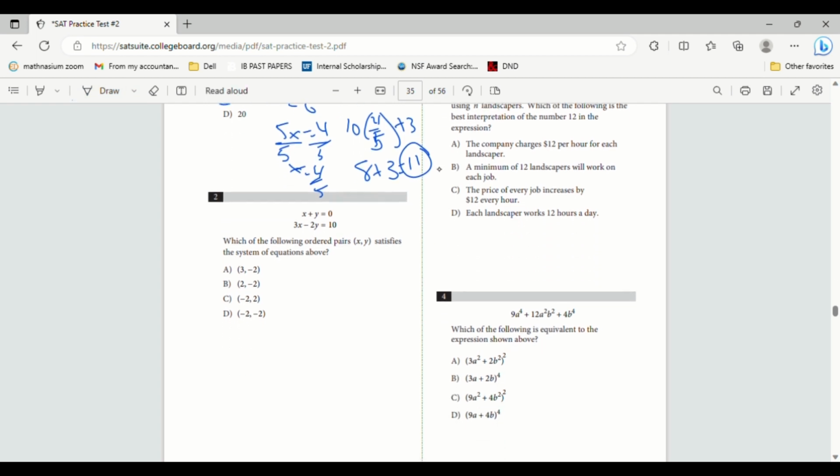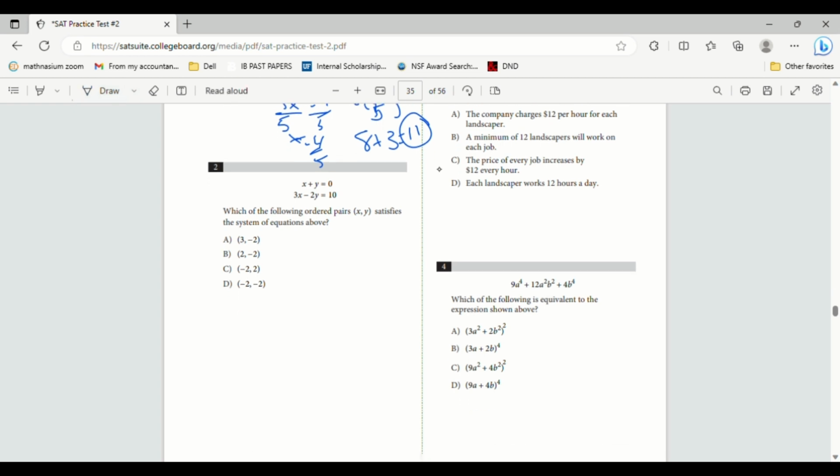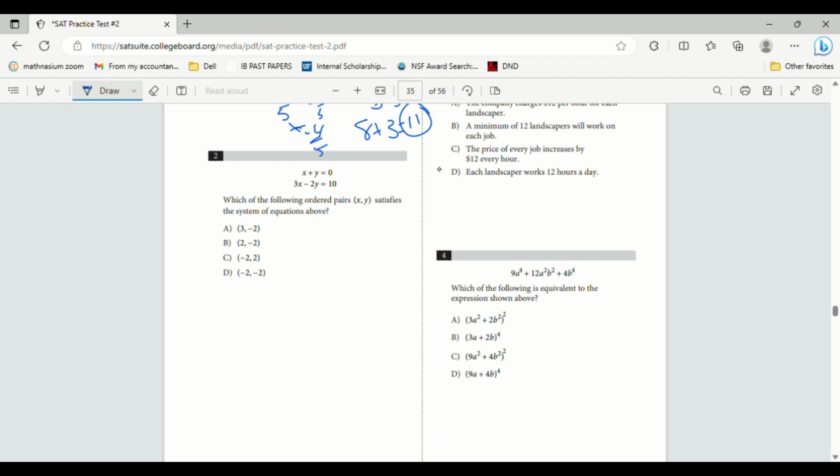Number 2, which of the following ordered pairs x, y satisfies the system of equations above? So we can solve a system of equations using either substitution or elimination.